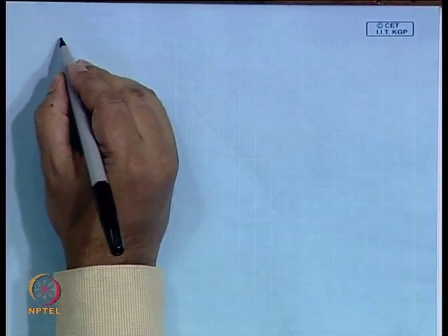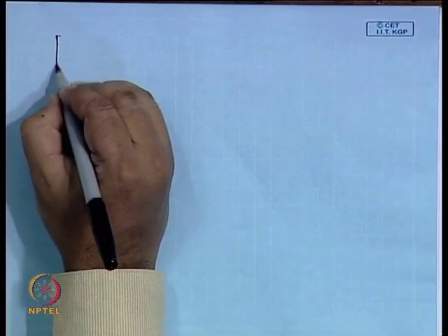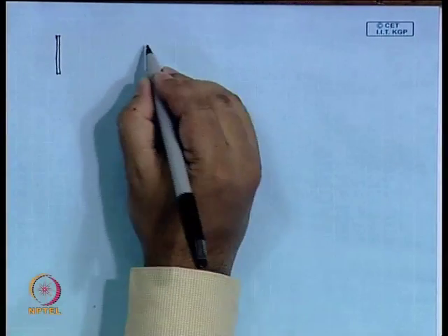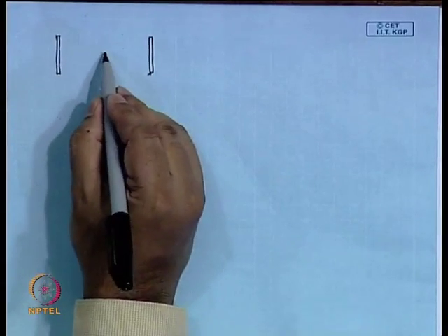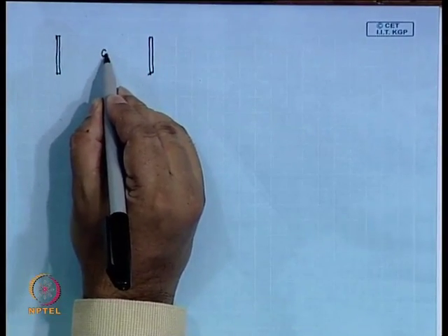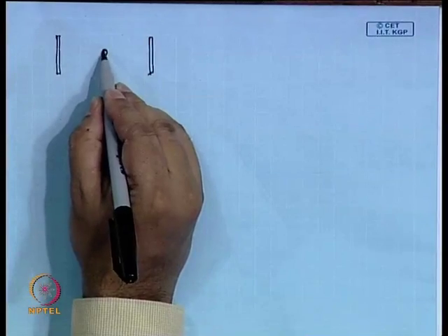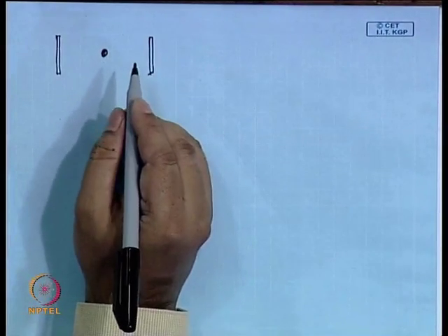In electrophoresis, what we have is two electrodes put there, and we have some particle with a size and a charge.